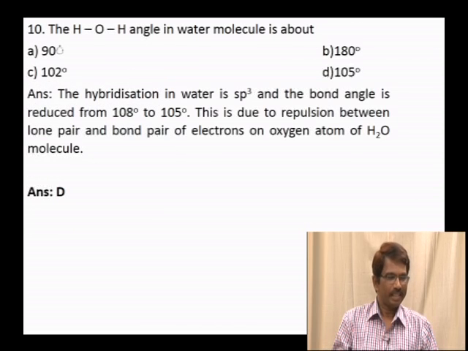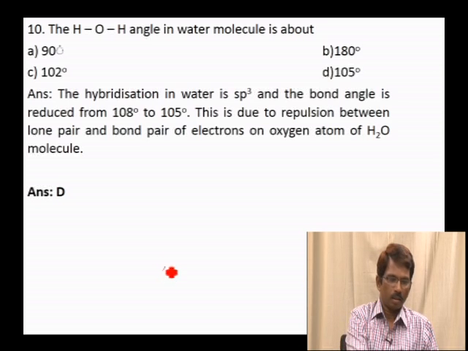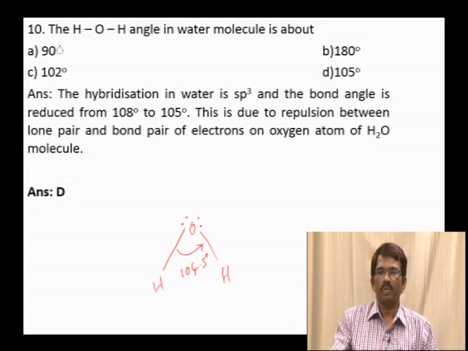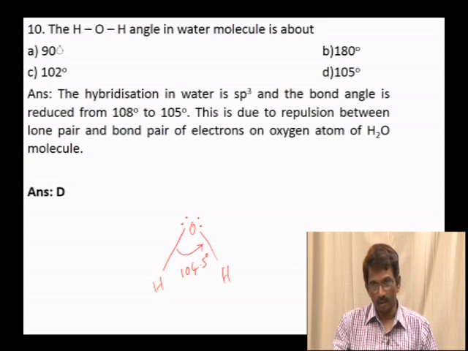In question number 10, the HOH bond angle in water molecule. You know, water has a bent structure like O, H and then H. The bond angle is 104.5 degrees, and that is because of the presence of two lone pairs of electrons on the oxygen atom. The hybridization in oxygen of water molecule is sp3.